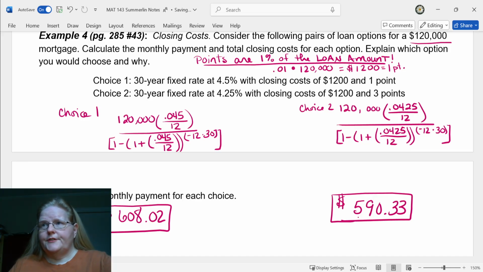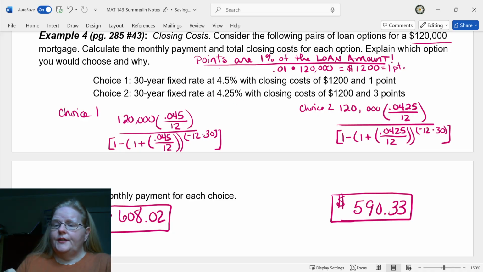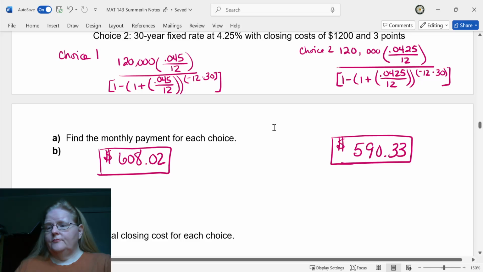Not much difference. That's okay. The only difference really here was the interest rate. One was a slightly smaller interest rate. That's about it. So when we scroll on down, we get to the closing costs.